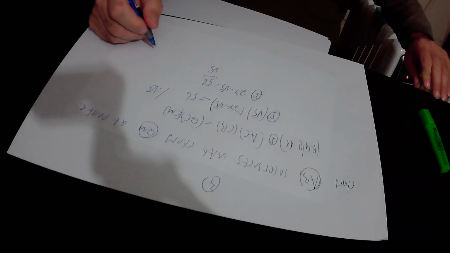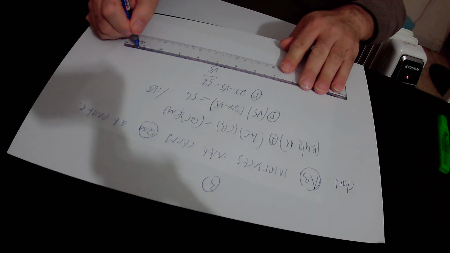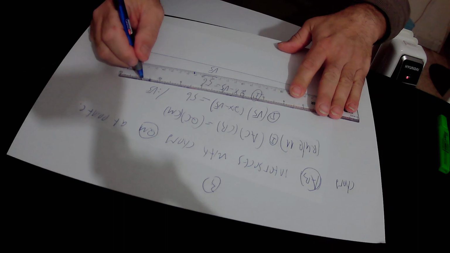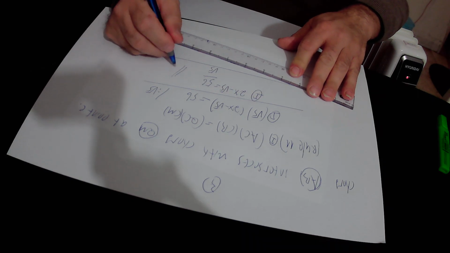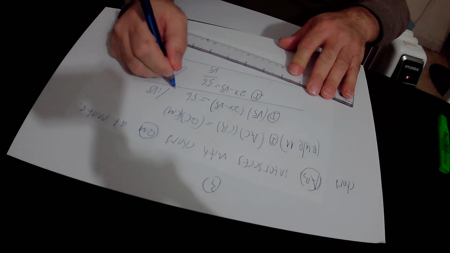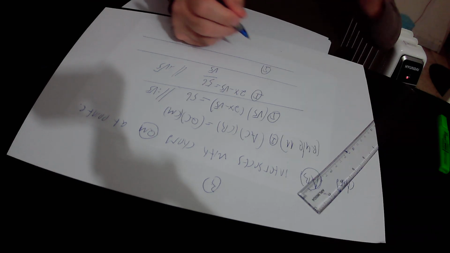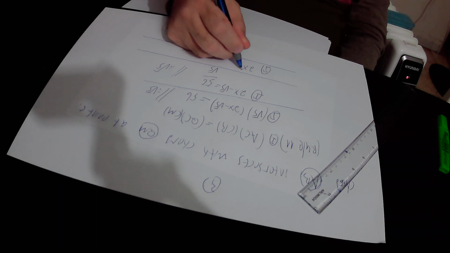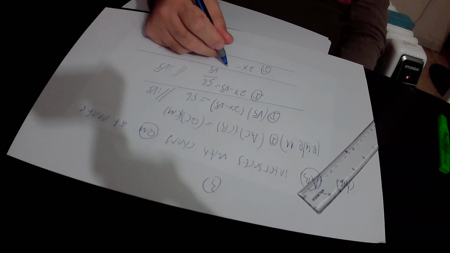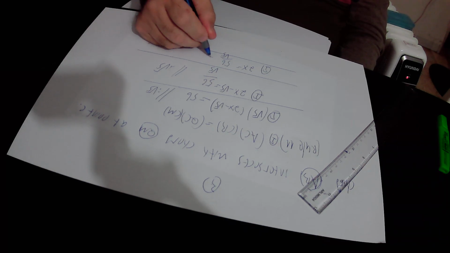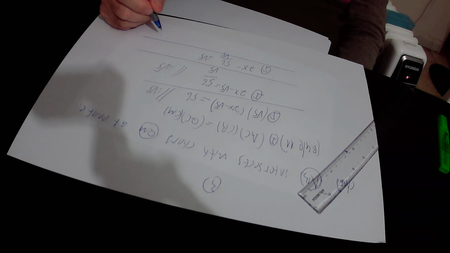Here we'll add to this equation number 1 square root of 5. And we get that according to equation number 1, 2x equals 5b over square root of 5 plus square root of 5. So here we'll focus on this side of the equation.